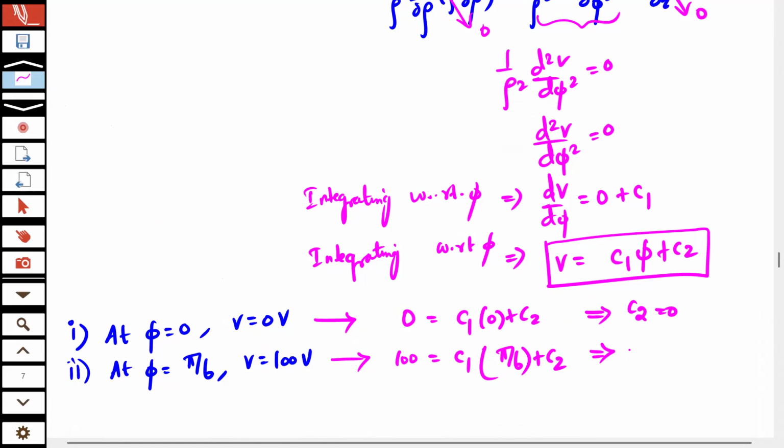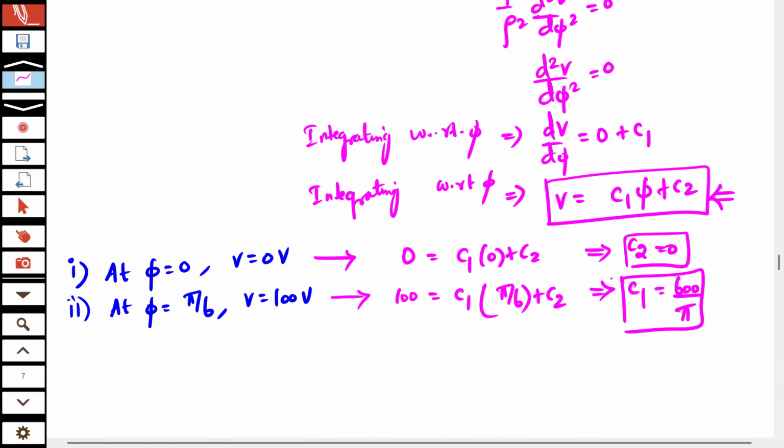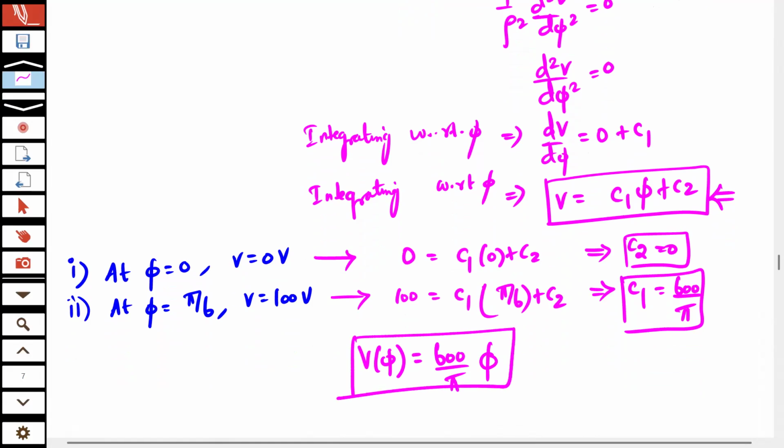Now when we solve this, C1 will be 600 by pi. So substituting these two, C1 and C2, into the voltage expression, V, which is a function of phi, will be equal to 600 by pi phi plus C2, which is 0. So this is the voltage, which is a function of phi.